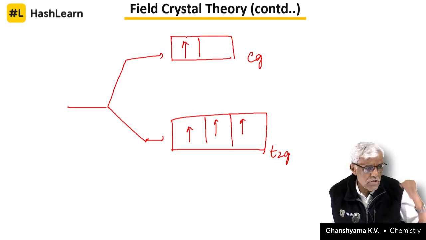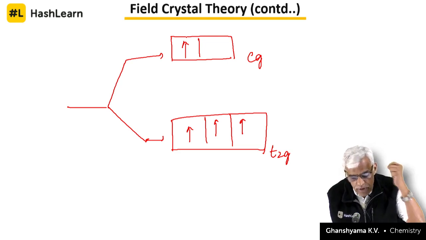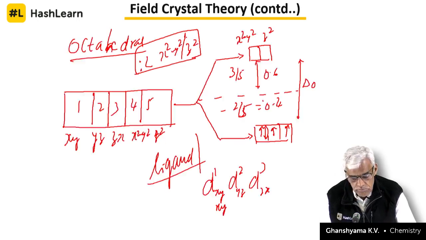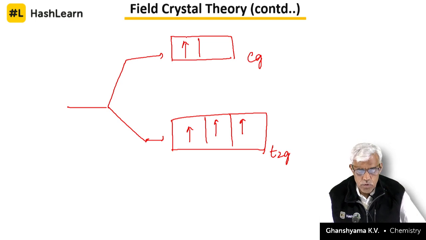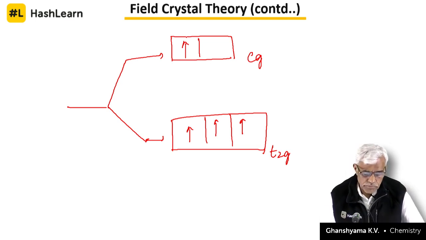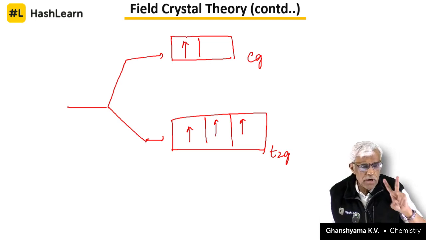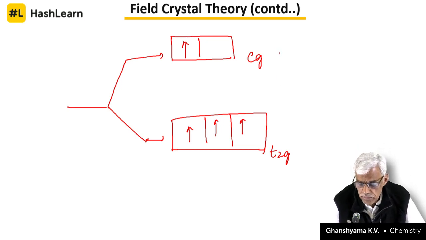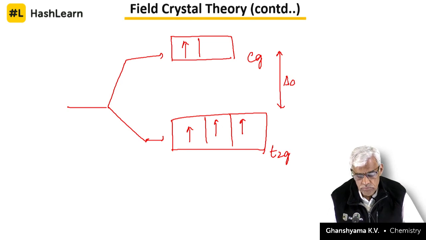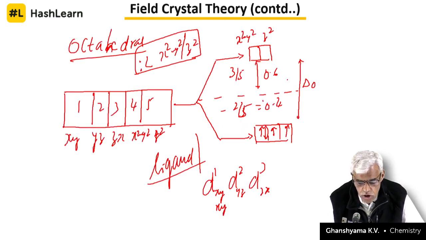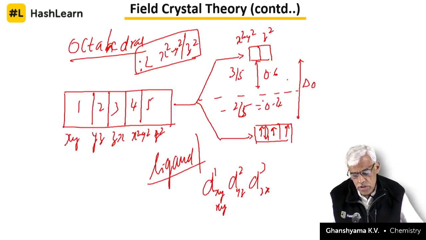The question is, will it be paired or will it be unpaired? It depends upon 2 factors. One, the difference in energy, that is delta 0. Another is called the pairing energy.